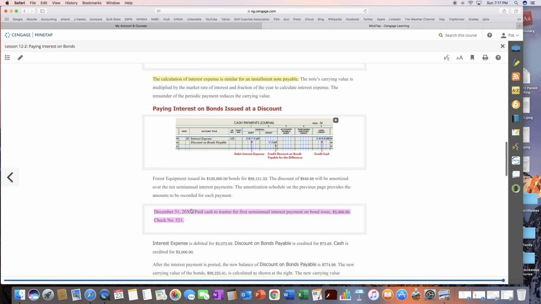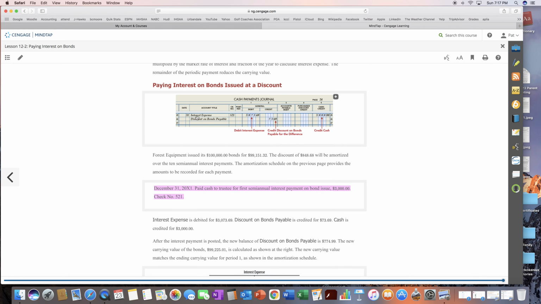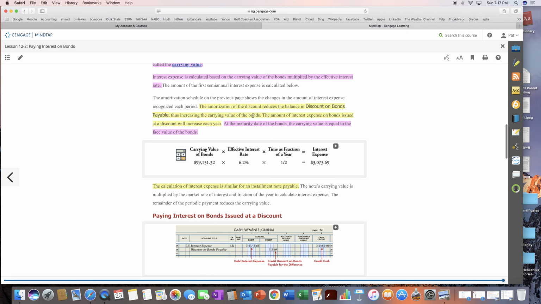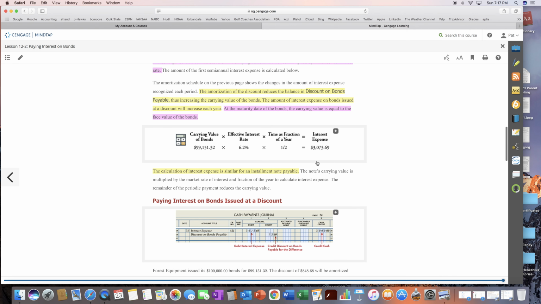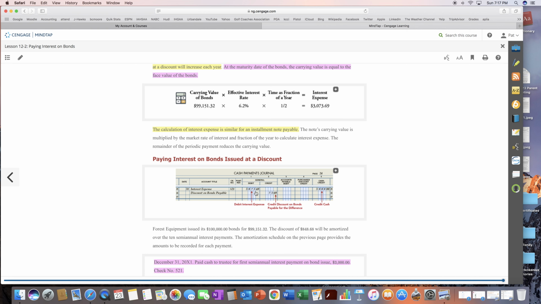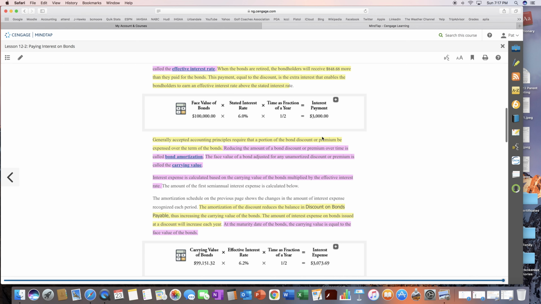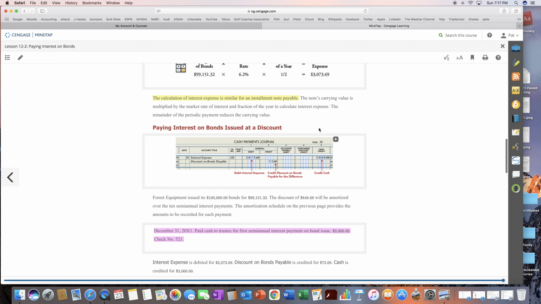When you're paying interest on a bond that's at a discount, you're going to debit interest expense for the amount: the carrying value times the effective interest rate times the time period. The cash that we're paying out is this $3,000 payment, and then the discount on the bond will be credited. So that's what you're doing.